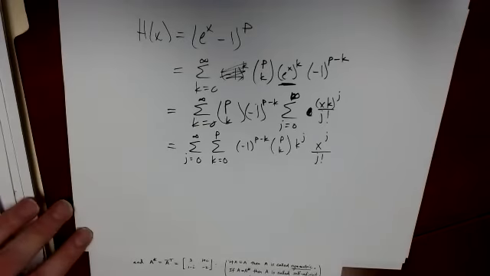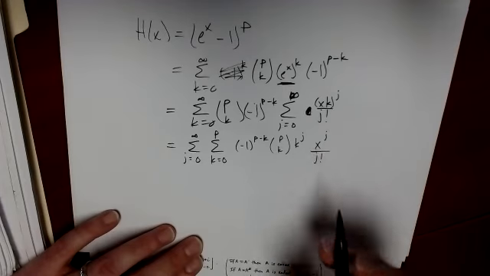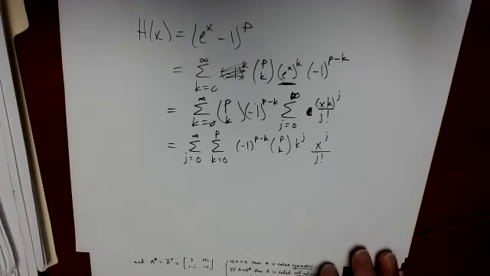I have done something horribly wrong here. I mean, not horribly wrong. This is bothering me, this k to the j. I think maybe I was supposed to do something else first.